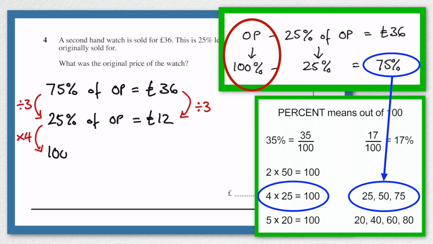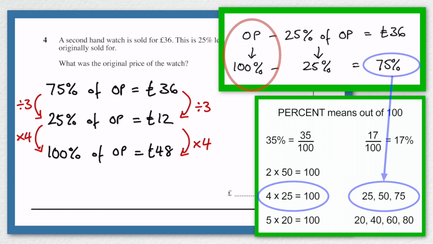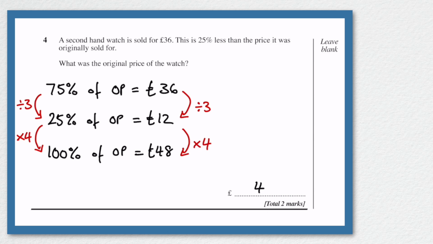We know that 25 multiplied by 4 is 100. So to get from 25% to 100%, we multiply by 4. We therefore need to multiply the 12 by 4 to get 100%, which is equal to 48. So the original price is £48. Again, 1 mark will be given for the working out and 1 mark for the correct answer.